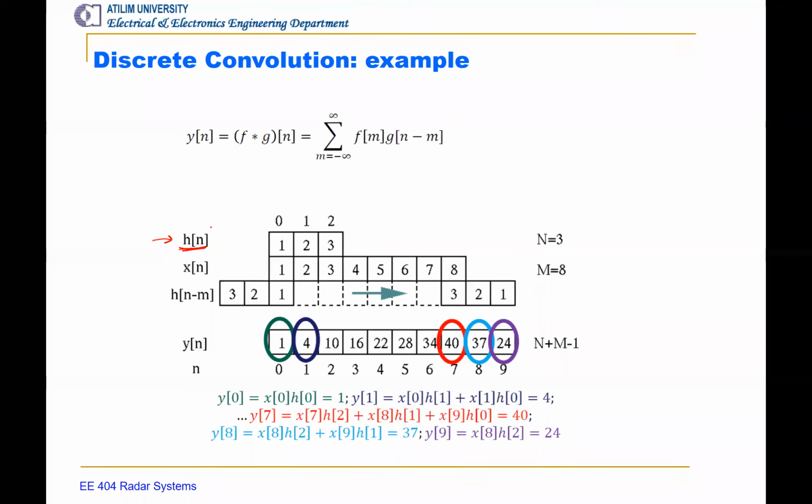This is the impulse response of the filter, and we got an input signal, x of n. So we just take the mirror image of h, h of n minus m, which is just the reverse of this, as you see, and then sweep this three samples, three values of the sequence to the right, one by one.